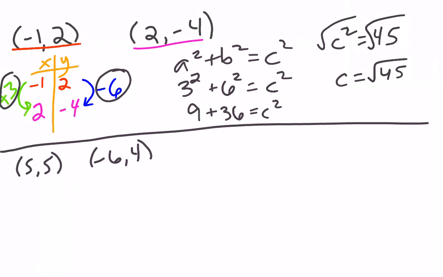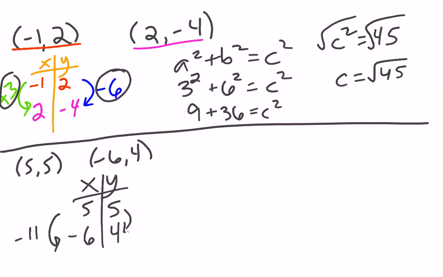Alright, so I want you to try the next problem on your own. Press pause and then check your answer. So what we want to do is copy and paste those into our table. Once again, don't flip stuff around. 5 down to -6 is -11. 5 down to 4 is -1.